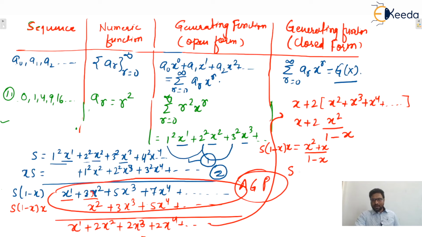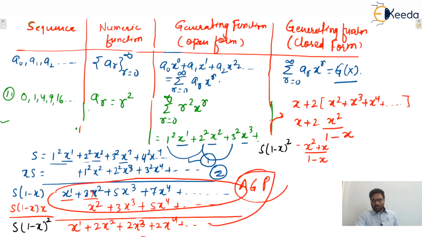So s will be x square plus x divided by, remember this one, the left hand side after subtraction becomes s into 1 minus x whole square.